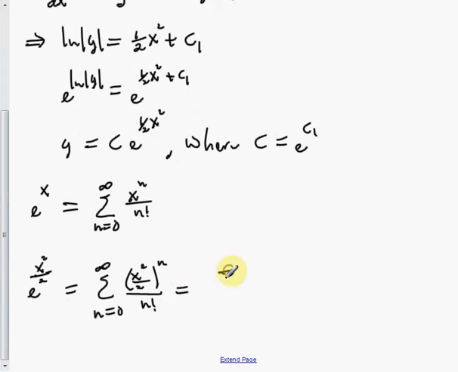And you can simplify that. This is the summation as n goes from 0 to infinity. This is x to the 2n, and then times 1/2 to the n all over n factorial, and you can simplify that. This is x to the 2n all over 2 to the n times n factorial.